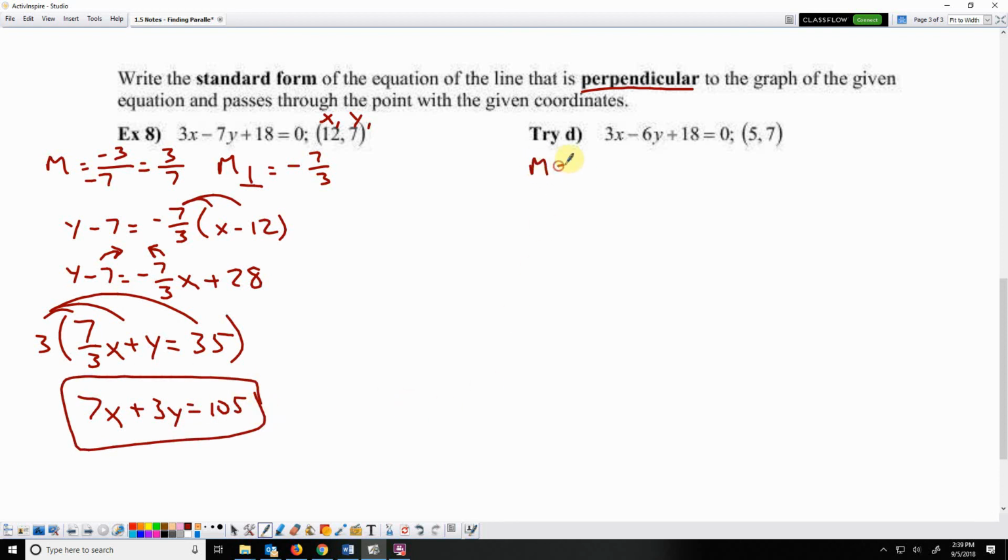And last, the slope of this line, opposite of A over B, is negative 3 over negative 6, which is 1/2. So the slope of a perpendicular line is the opposite reciprocal, which is negative 2. And there's my x1, y1. So y minus y1 equals m times x minus x1.